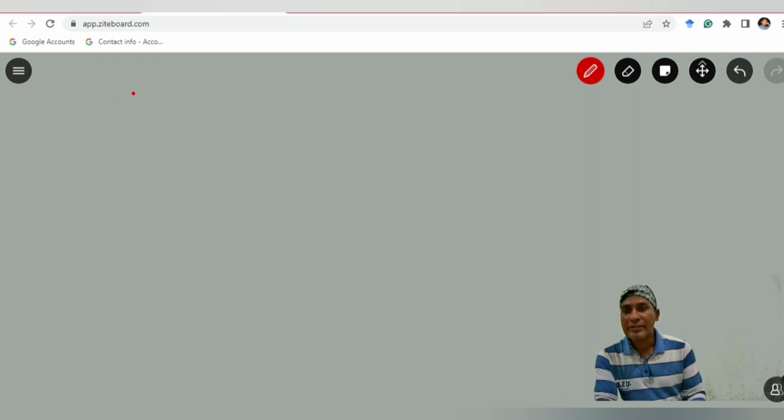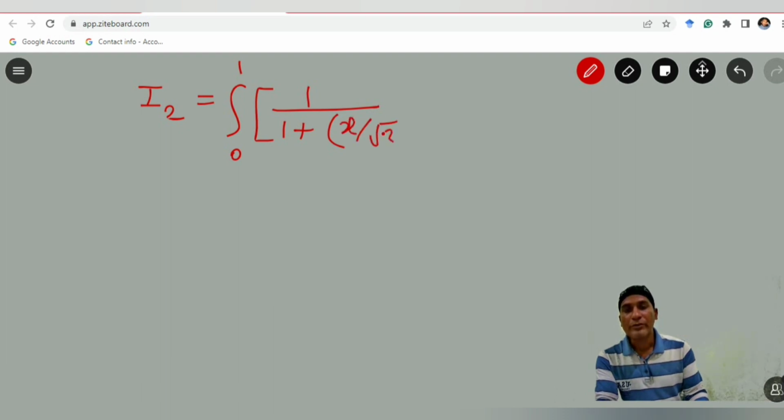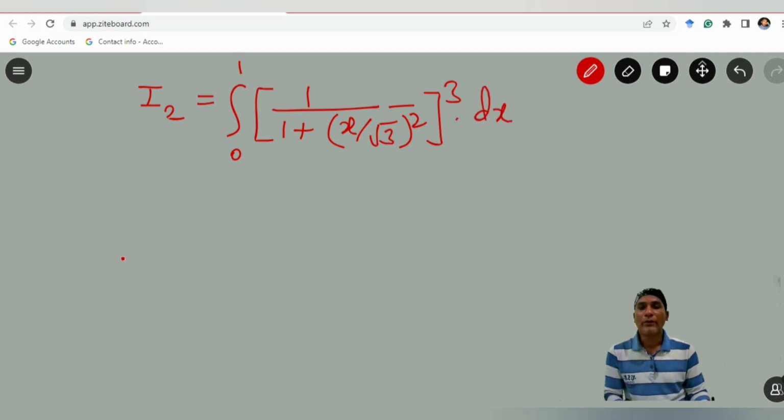Similarly, we can evaluate I2. Let me first write I2. So I2 is the integral over 0 to 1 of the cube of 1 divided by 1 plus the square of x over root 3 dx. Now to evaluate this integral, we need to make use of the substitution method.